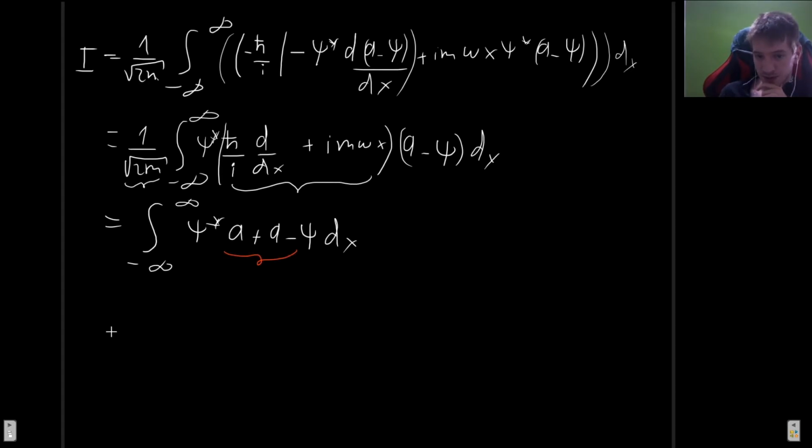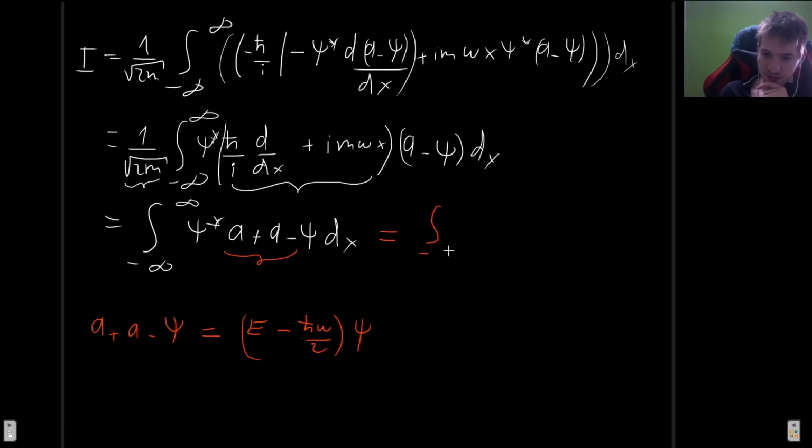From the previous video, we saw that a plus a minus acting on psi was just the energy minus h bar omega divided by 2 acting on psi. So we can now rewrite this as the integral from minus infinity to infinity of psi conjugate (E minus h bar omega divided by 2) psi dx.